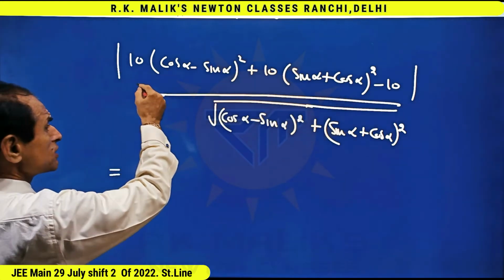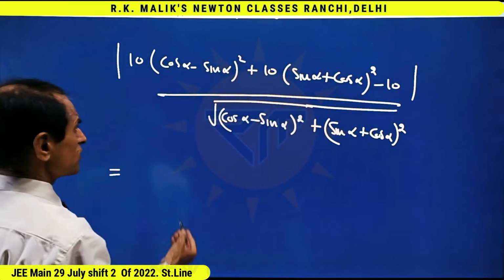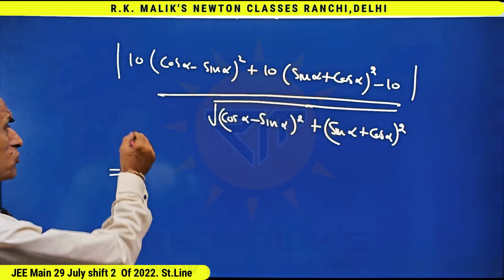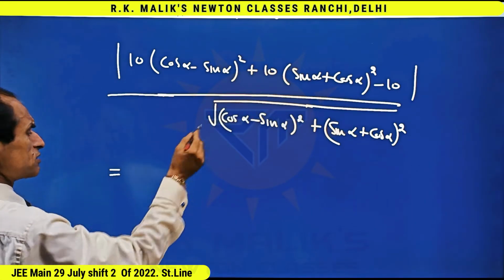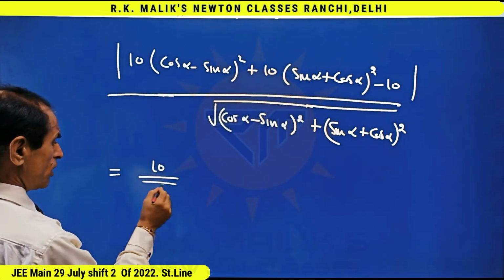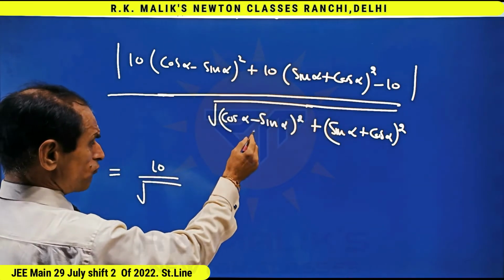Just now we calculated that the value of this is 20. Otherwise it is not difficult to see also. 20 minus 10 is 10 upon under root 1 plus 1.